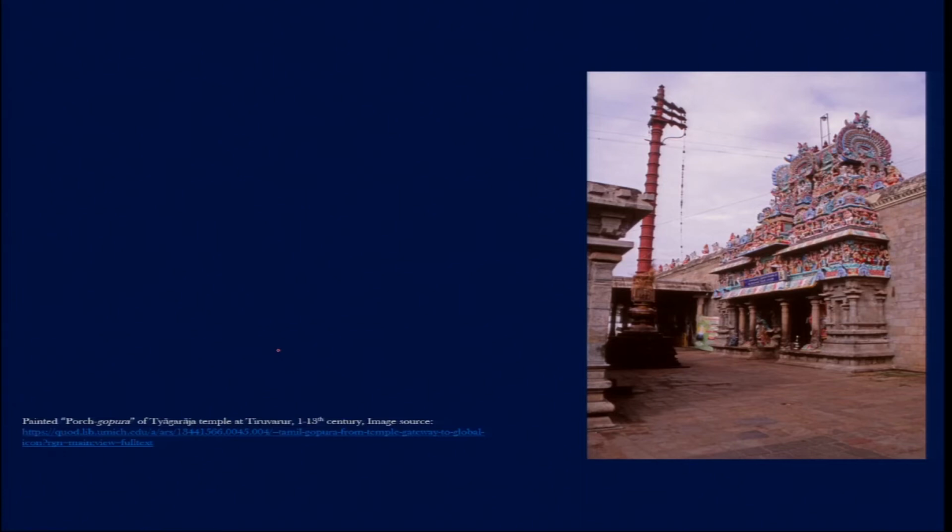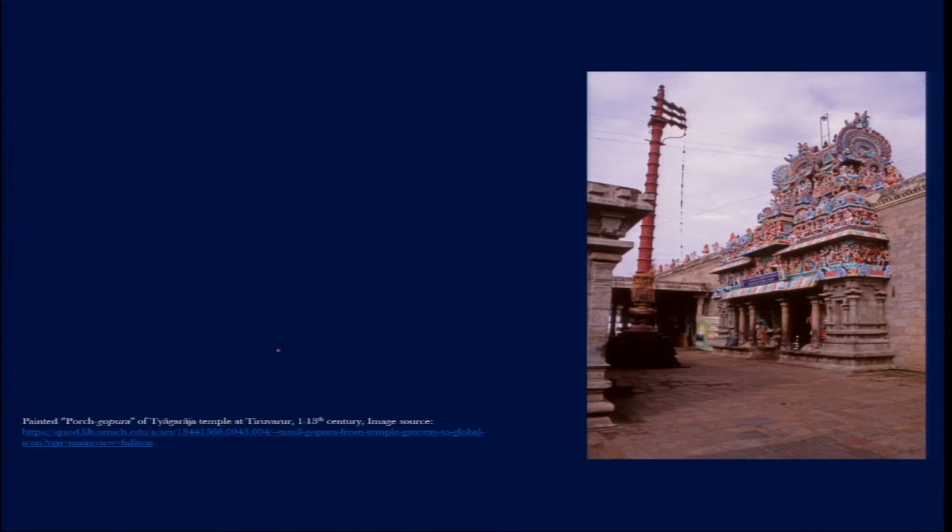So for example, here we have a painted porch gopura from the Tyagaraja temple from Tiruvarur in Tamil Nadu, and it was made between the 12th and 13th century. Here we have this painted gopura, or the entrance gateway to this temple complex.